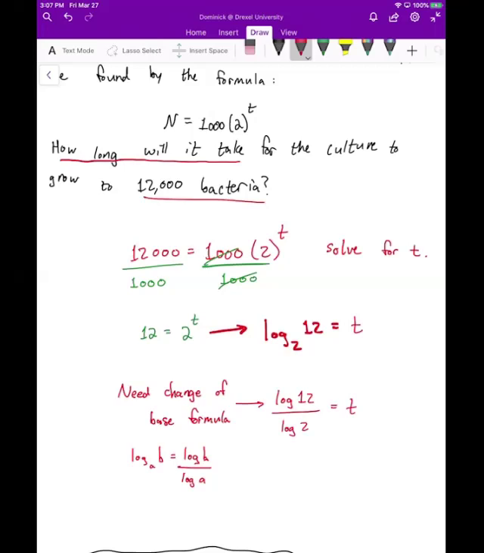And that's going to give us that t is roughly 3.585. So it's going to take about this many hours to grow to 12,000. All right, so that's the solution to this word problem.